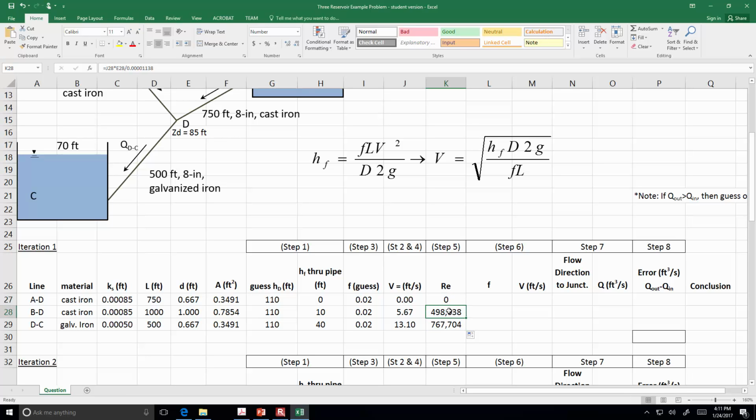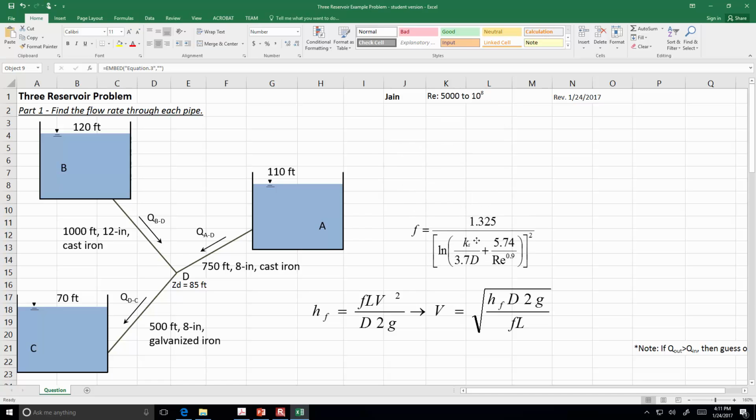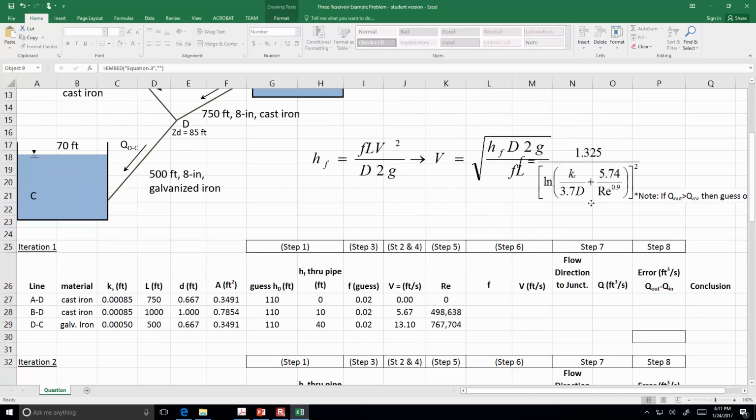And now we're going to use the Swamee-Jain equation to give us a new and improved calculation of the F value. Here's the equation. Let me drag that down so it's easier to see as we key it in.